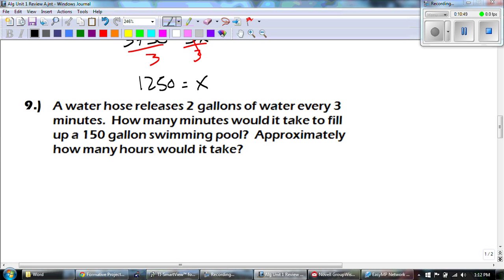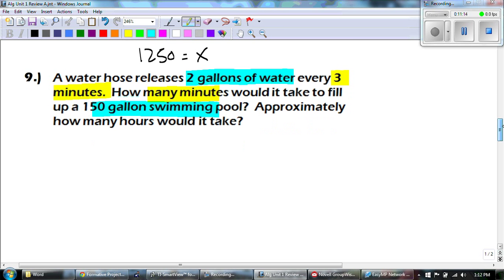All right, number 9. A water hose releases 2 gallons of water for every 3 minutes. How many minutes will it take to fill up a 150-gallon swimming pool? And approximately how many hours would it take?